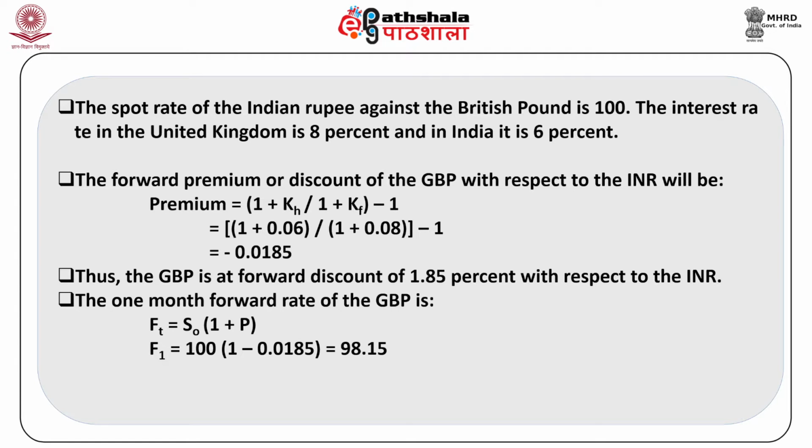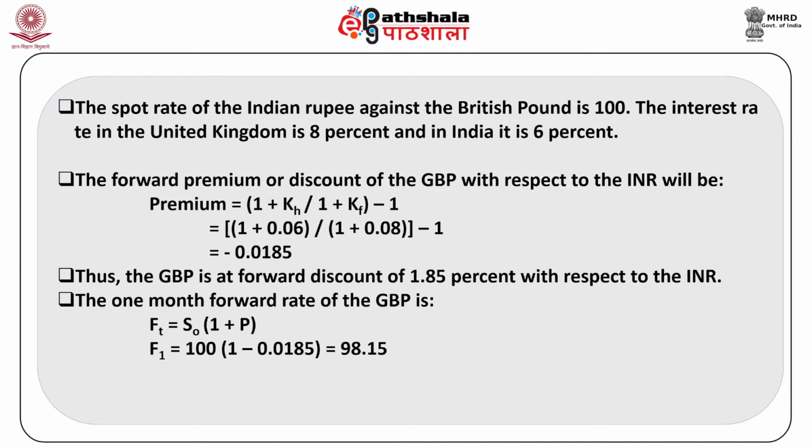The forward premium or discount of the British pound with respect to the Indian rupee will be a premium, which will be equal to (1 plus KH) divided by (1 plus KF) minus 1, that is it will be equal to (1 plus 0.06) divided by (1 plus 0.08) minus 1, which will be equal to minus 0.0185.